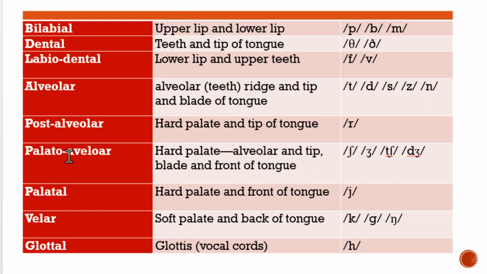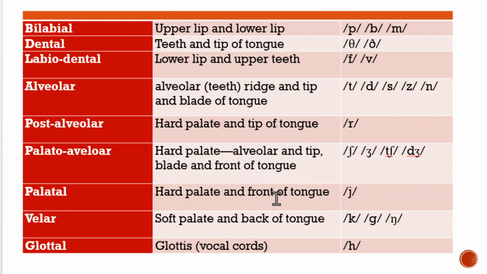Then you have palato-alveolar, where the tongue tip and the blade are kind of pressed against the hard palate, the tip against the alveolar region and the front of the tongue against the hard palate. It is pressed against it, arched up. You have sh, j, ch, j, etc. Palato-alveolar means your tongue is very close to the alveolar ridge and the hard palate.